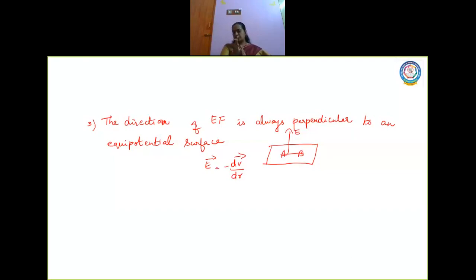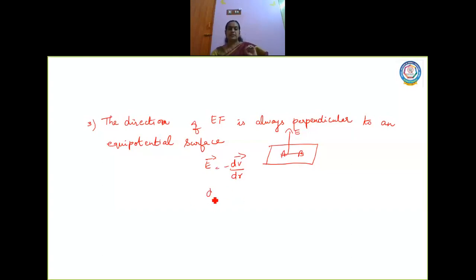Now if the potential is going to be the same, dV is going to be same in an equipotential surface, so the term on the right side becomes 0 and hence electric field also to be 0. So you cannot consider an electric field parallel to the surface, and hence you consider electric field to be always perpendicular to an equipotential surface. Now here when we talk about dV, what will be dV here?